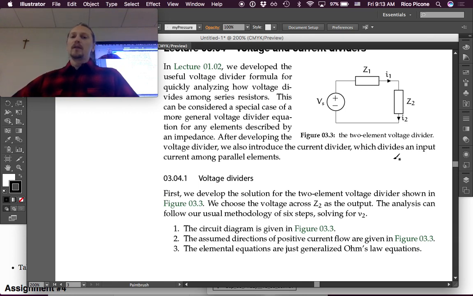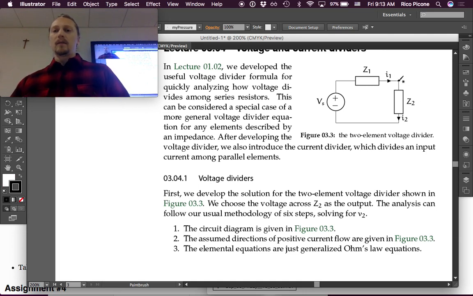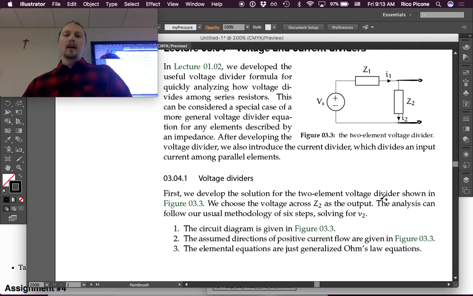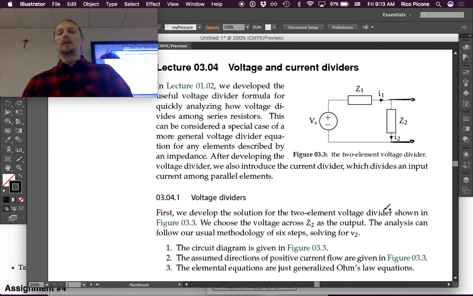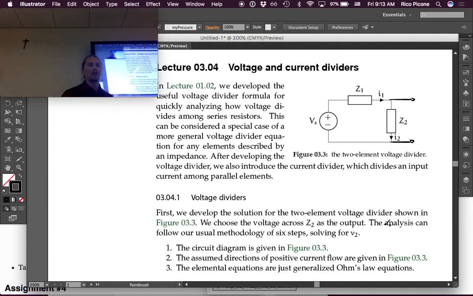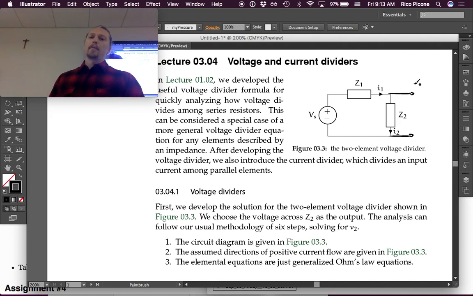We choose the voltage across Z2 as the output. So we're going to say this is our output voltage. And we're going to analyze the circuit using our usual methodology, and we're going to derive the voltage divider expression. Okay? So we'll go through the analysis. It's pretty straightforward, but we'll walk through the steps.